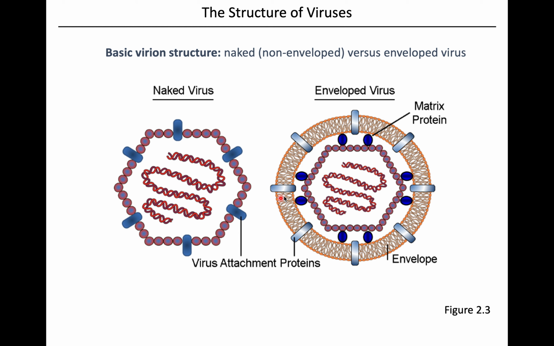And then often you're going to find other proteins embedded in and projecting from the envelope. Those would usually be attachment proteins, important for the virus to attach to a host cell. Even naked viruses will need those attachment proteins as well. Since the naked virus doesn't have the envelope, those attachment proteins will have to be interspersed with the capsid proteins.